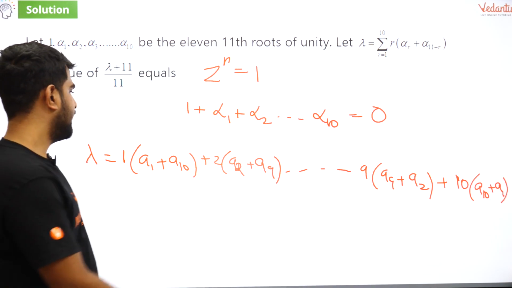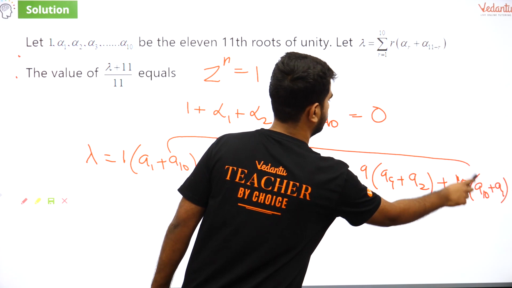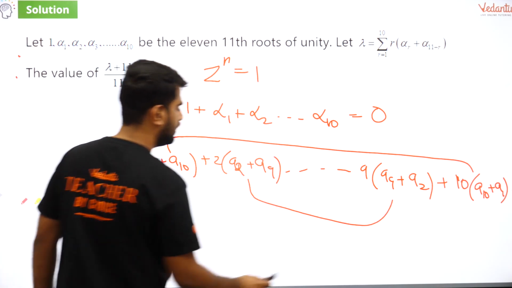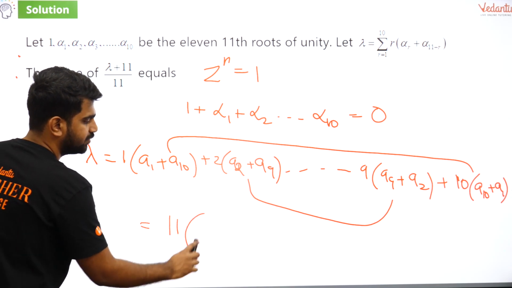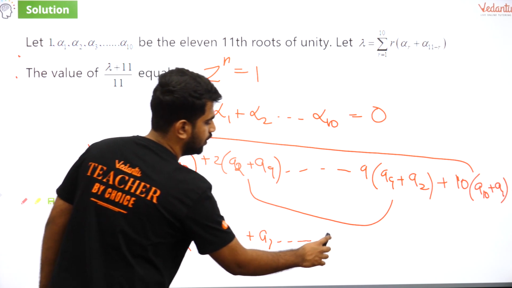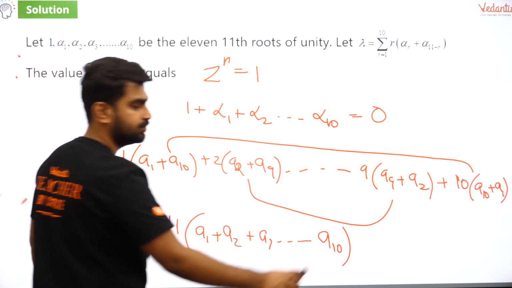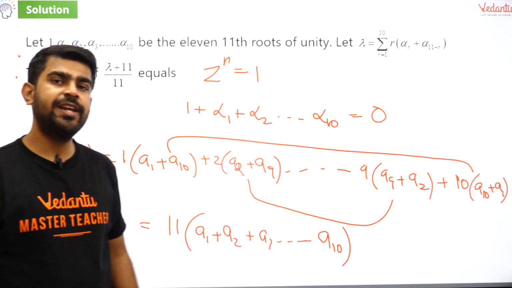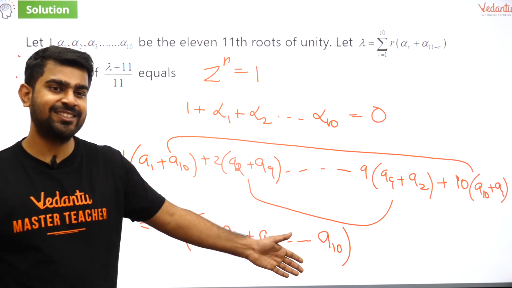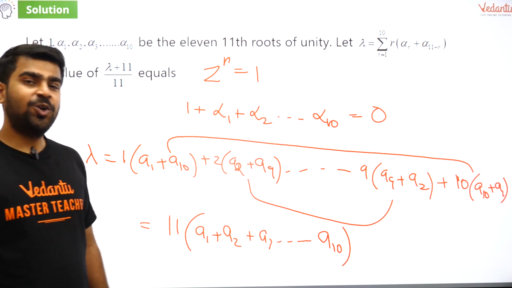Now, can I combine these two? If I combine these two, what will I get? And then if I combine these two, what will I get? I will get 11 times of alpha 1 plus alpha 2 plus alpha 3 all the way up to alpha 10. That is the expression you will be ending up with. Isn't it simple? You got such an easy expression. Are you all okay with this?